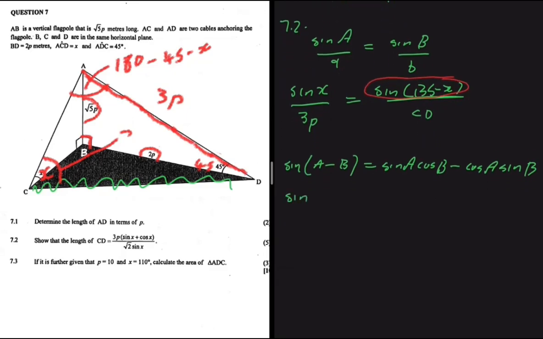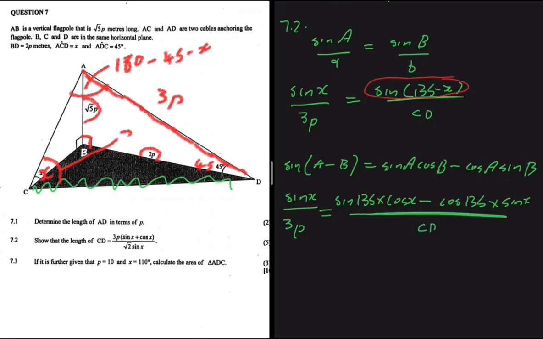So we're gonna have sine of x divided by 3P equals sine of 135 multiplied by cos of x minus cos of 135 multiplied by sine of x, and then everything divided by CD, right? So we have CD here.